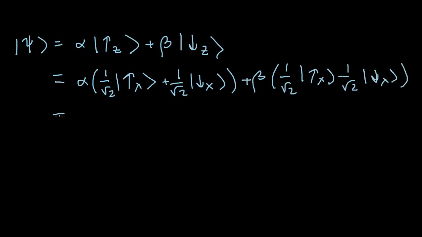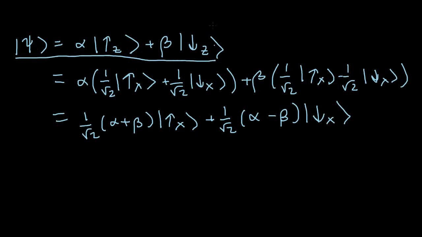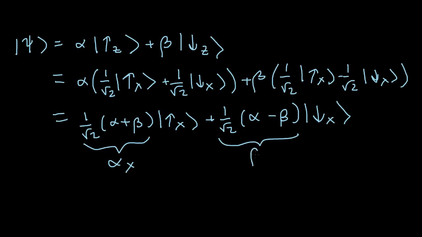And then we can collect like terms and find this is equal to 1 over root 2 times alpha plus beta times the spin up state in the x direction, plus 1 over root 2 times alpha minus beta times the spin down state in the x direction. So we can now see that if we write our state initially in the z basis, and we can see what alpha and beta are, we've now found what alpha sub x and beta sub x are.